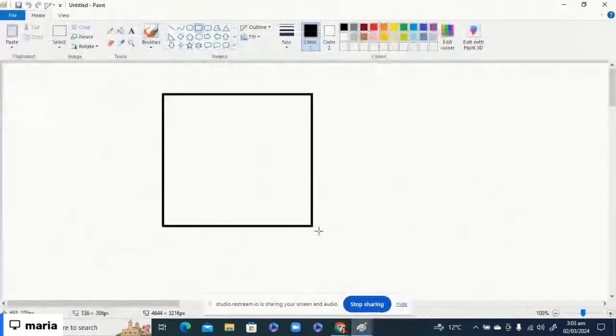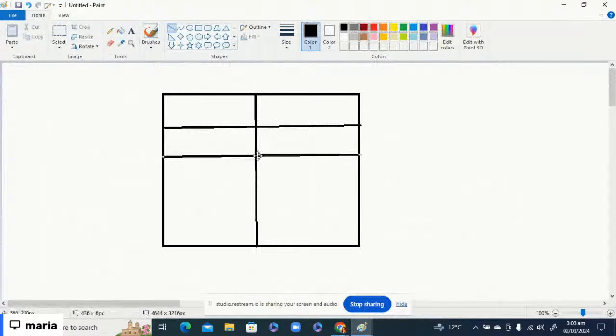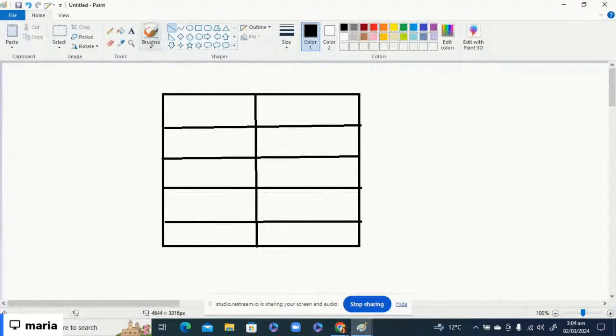Let me just draw a stem and leaf plot here. We are just going to draw that stem and leaf plot. For example, this is your stem, denoted with S, and that is the leaf.